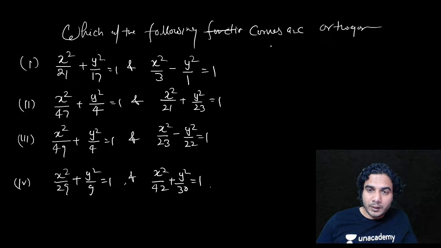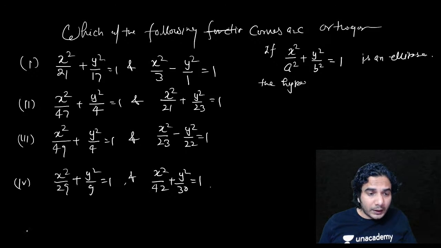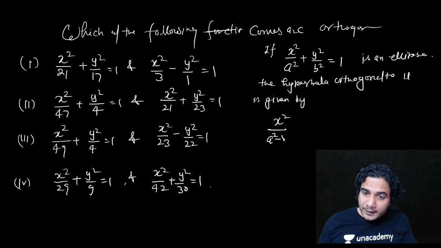So if x square upon a square plus y square upon b square is equal to 1 is an ellipse, then the hyperbola orthogonal to it is given by x square upon a square minus lambda.